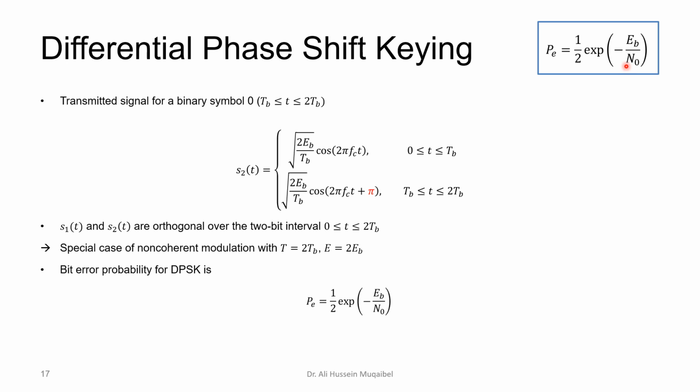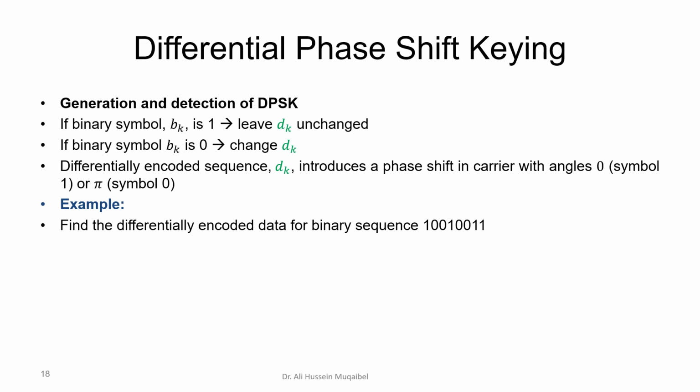If you compare it with FSK, you'll find that we're not dividing by 2 here, and we'll come to that. So it is a special case of non-coherent modulation, with the given details. The time duration to find the bit will span 2 bits. So for differential phase shift keying, the steps are first generation, and then decoding or detection of DPSK.